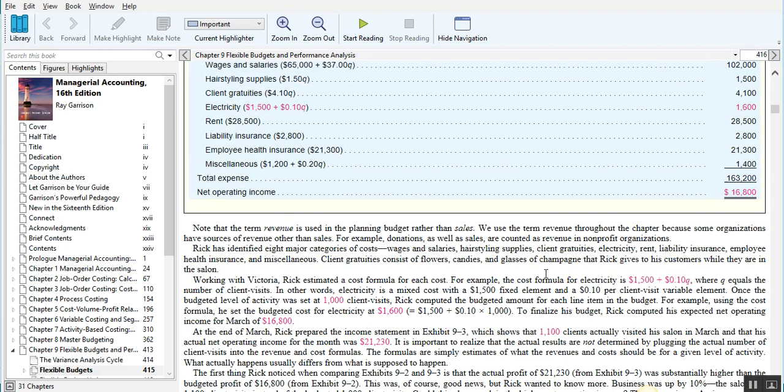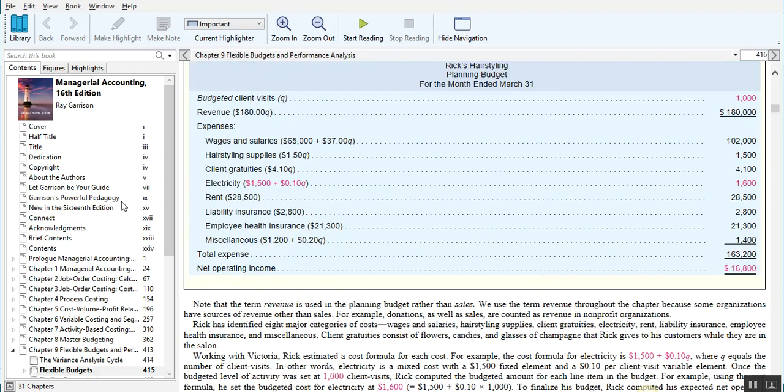If you notice back here in the original planning budget, when we created it, we had a planning model for wages and salaries that assumed a base amount of $65,000 plus $37 times the quantity of visits we had. And then the same thing was true for electricity. We had a base amount here plus a specific amount for the number of visits, and then same for miscellaneous expenses.